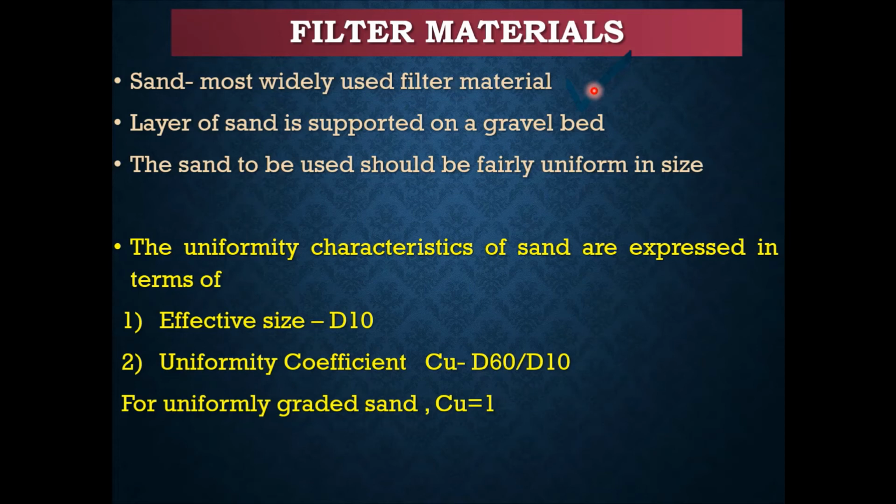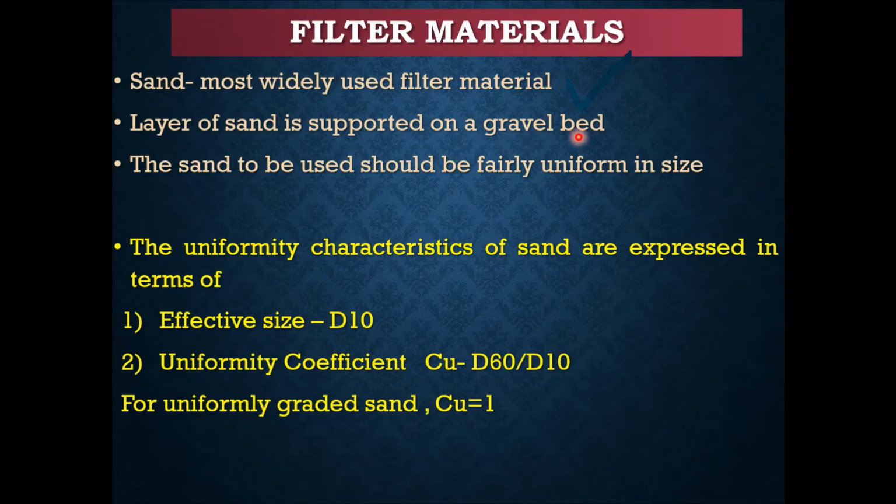Every water treatment plant in each municipality, corporation, or metropolitan city which has a larger population and economic growth employs a water treatment plant. And when they employ the process of filtration, the most common filter material used is sand.